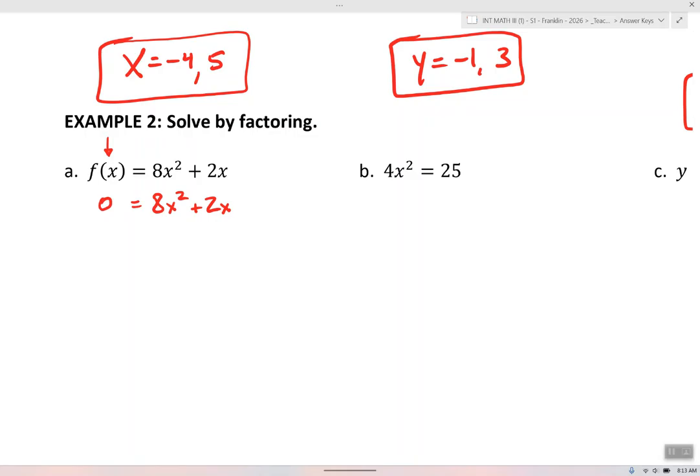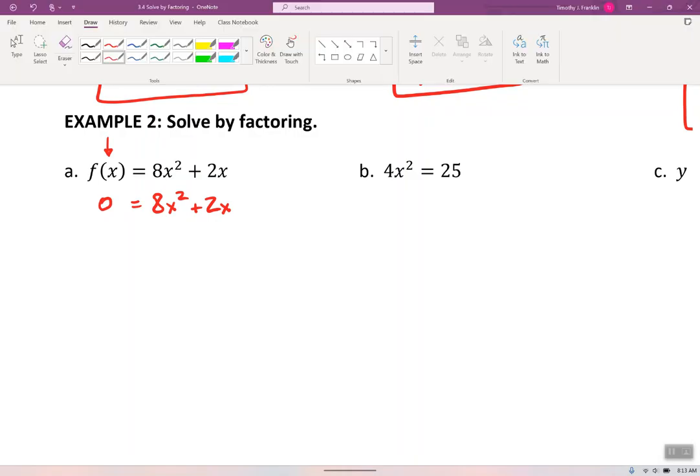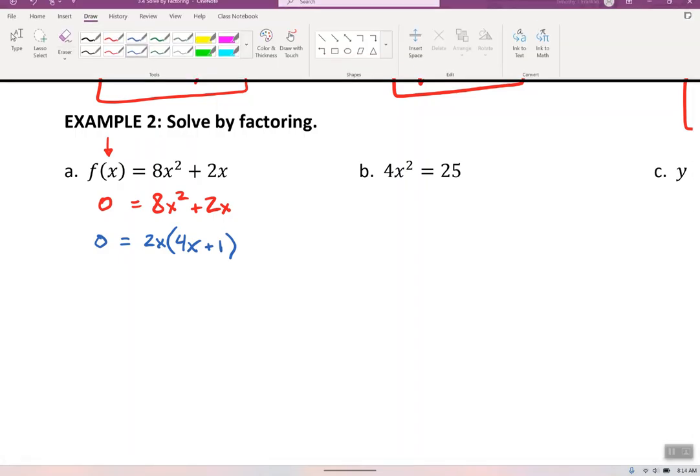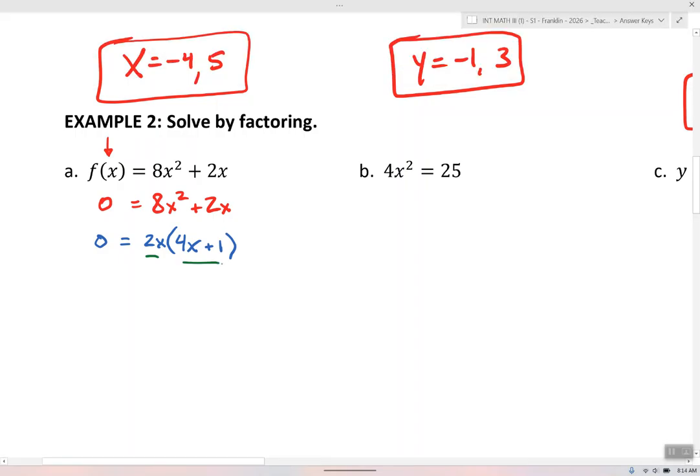And now here I can see that to factor this, I can take out a 2x, leaving 4x plus 1. And I believe that is all I can do. So now I need to set each factor equal to 0. So 2x equals 0, and 4x plus 1 equals 0.